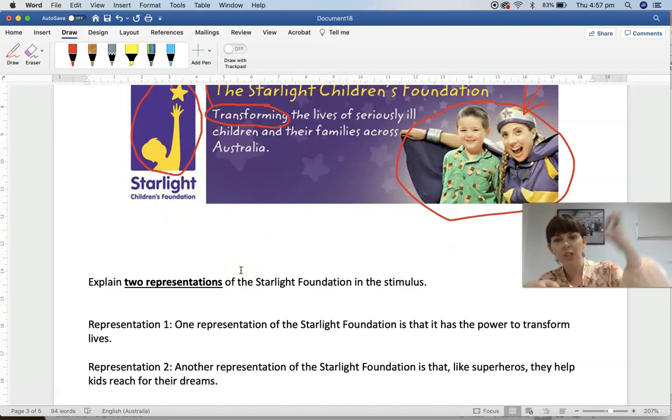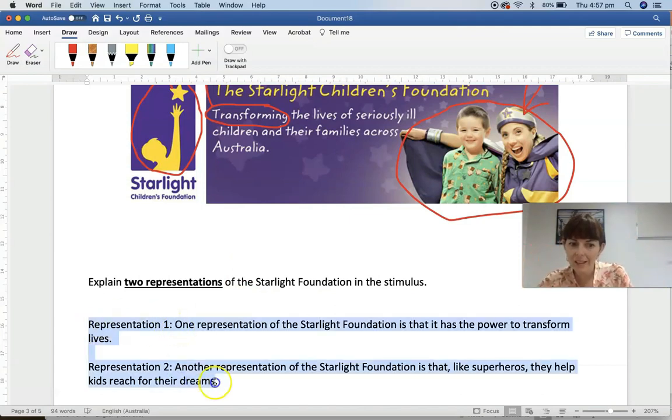My evidence is reaching, my evidence is the cape, etc. So before I start writing in the exam, I would set these two things up for myself so I know clearly what are my two different representations to write about. Notice I haven't actually done language features or text structures yet. That's okay. Do that later. First and foremost, figure out your two representations.